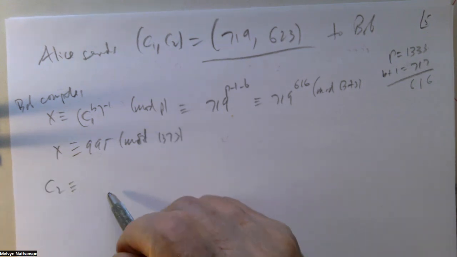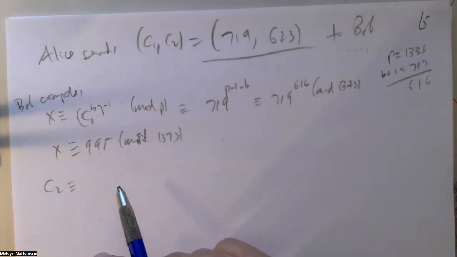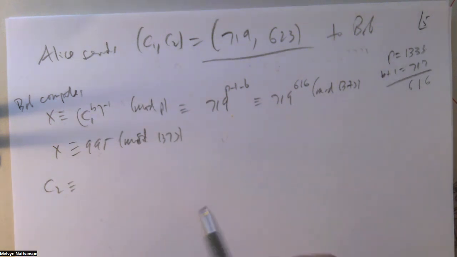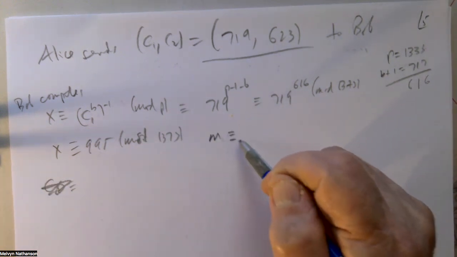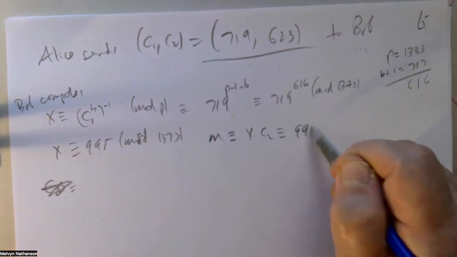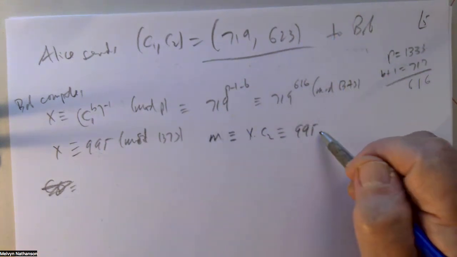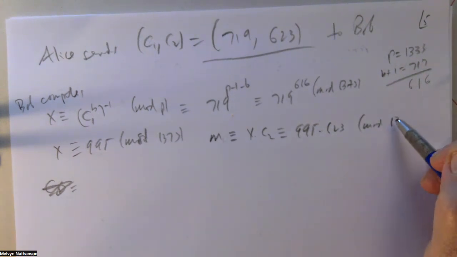And in the Elgamal system, the message M is going to be congruent to X times C2. X is 995, C2 is 623, mod the prime 1373.